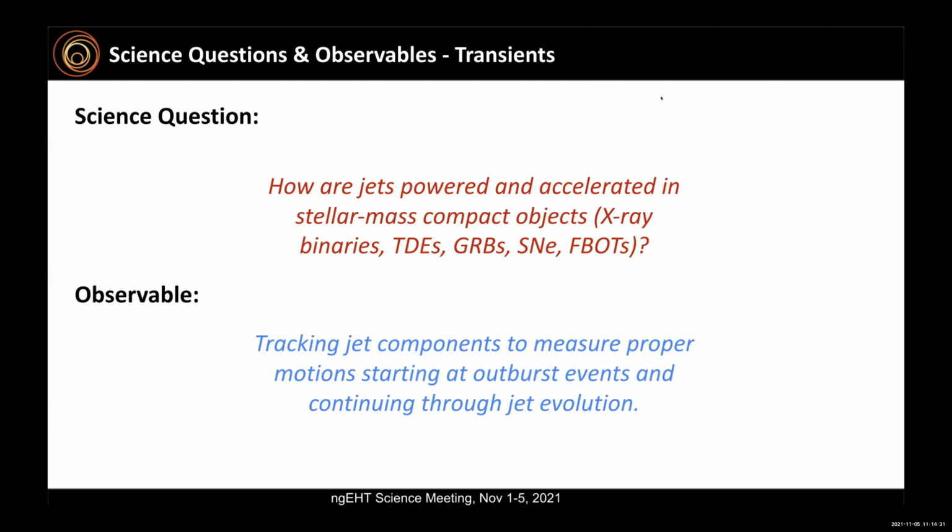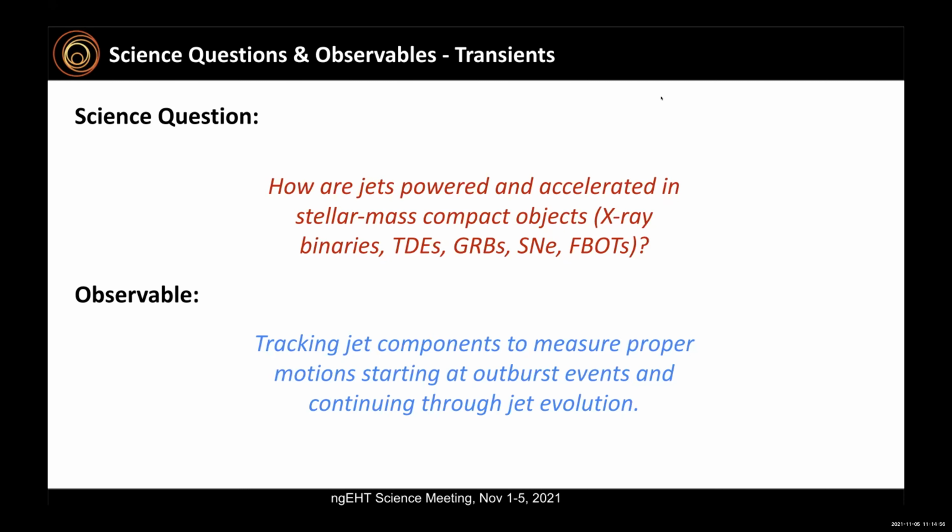All right. So the main science question that we focused on here was how are jets powered and accelerated in stellar mass compact object systems. So mainly focusing on X-ray binary systems, but we also want to explore other types of transients: TDEs, GRBs, supernovae, fast blue optical transients too. And with these other types of transients, we can get at more specific questions too.